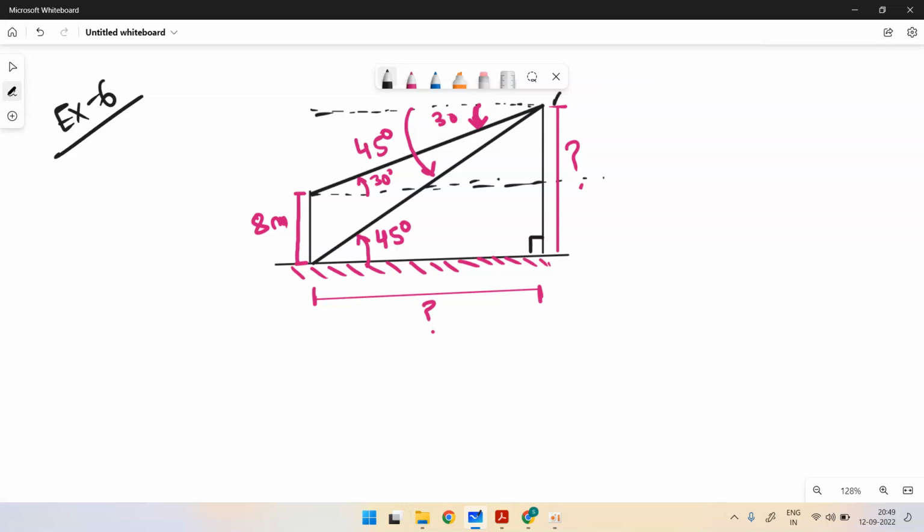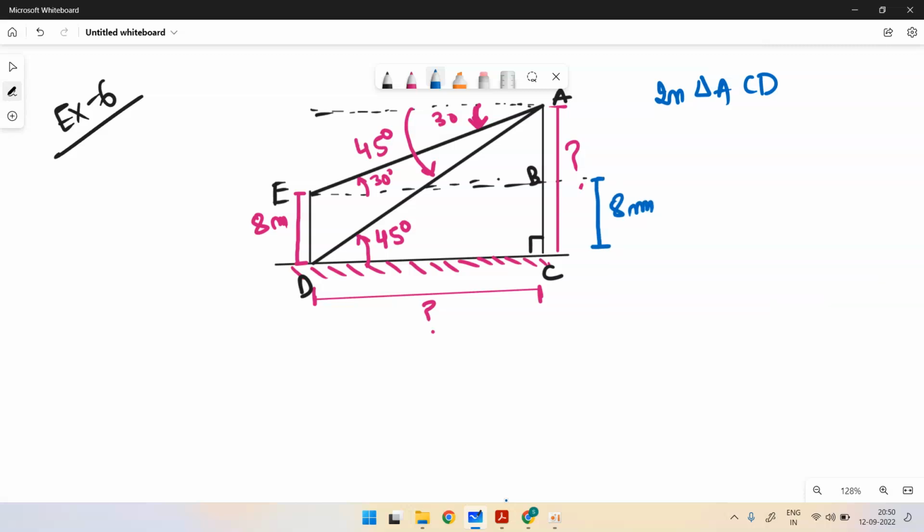Now I will rename this as A, this as B, this as C, this as D, and this as E. Now, in triangle ACD, this 45 is given, and I need to find AC and DC also, but ED is given, so this is BC, which is also 8 meters.